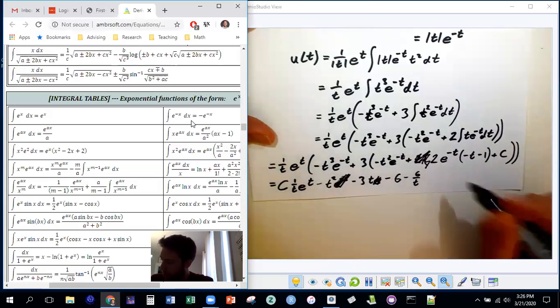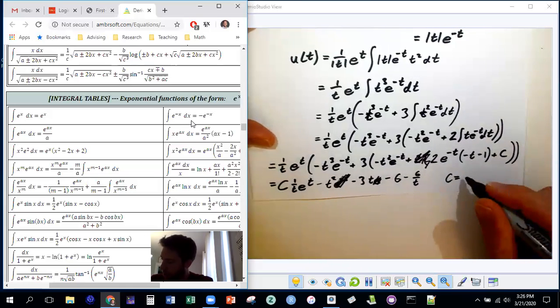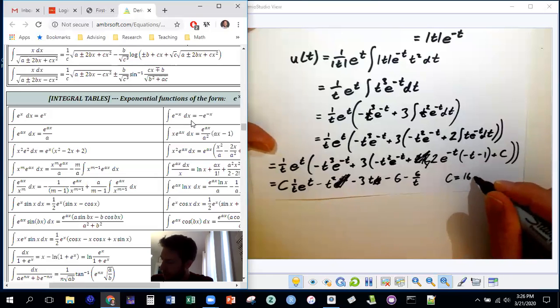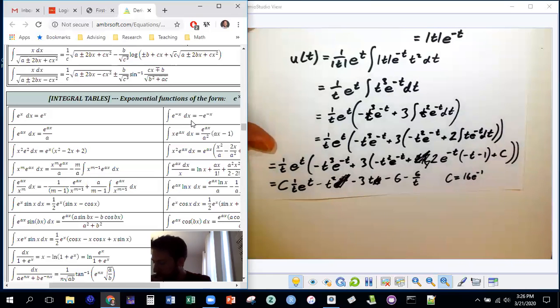So C equals 16 e to the negative 1. Because if that's true, then that cancels out the e to the 1. I'm left with just 16 here, minus 16, and you get 0.